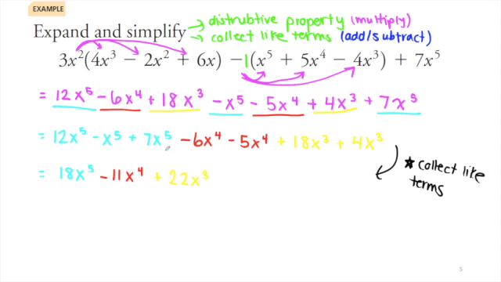It stays as 5 because we are just collecting like terms. We are not multiplying. Remember, only multiplication of x to the 5 times x to the 5 times x to the 5 is what changes your exponents, okay? So remember, when you're collecting like terms, remember to leave your exponents alone.